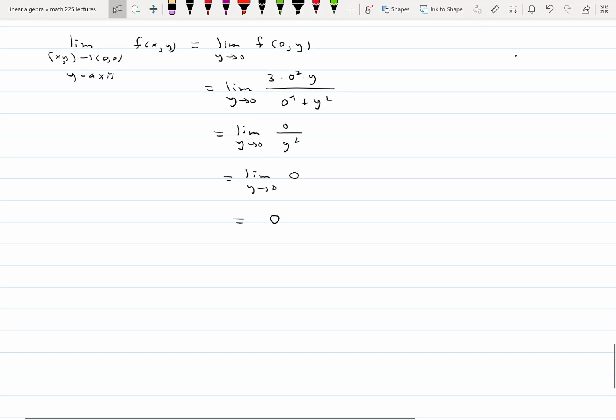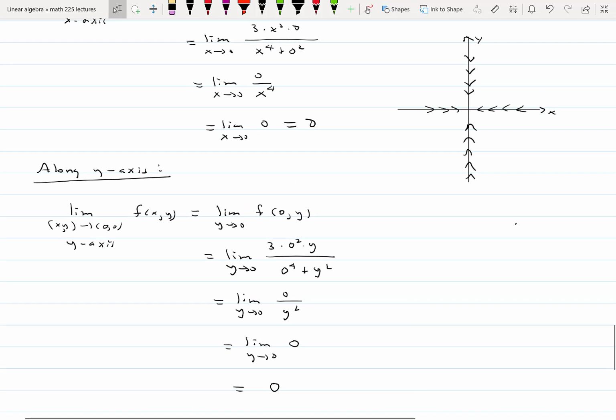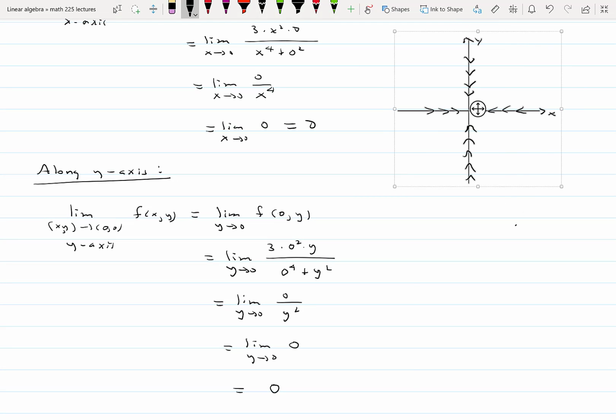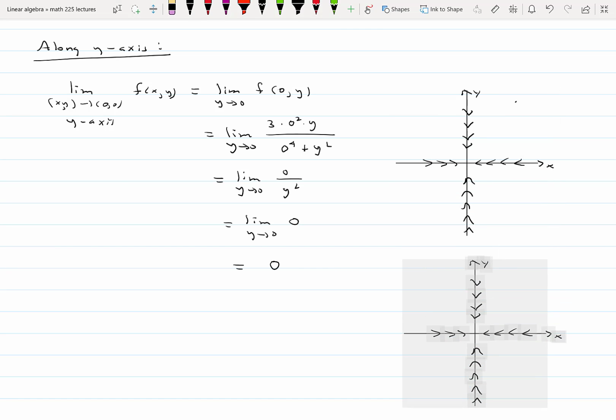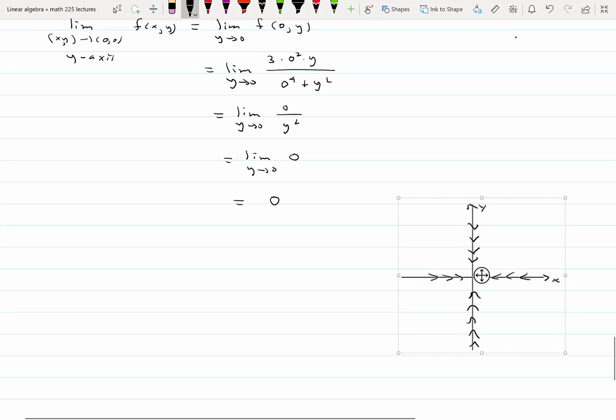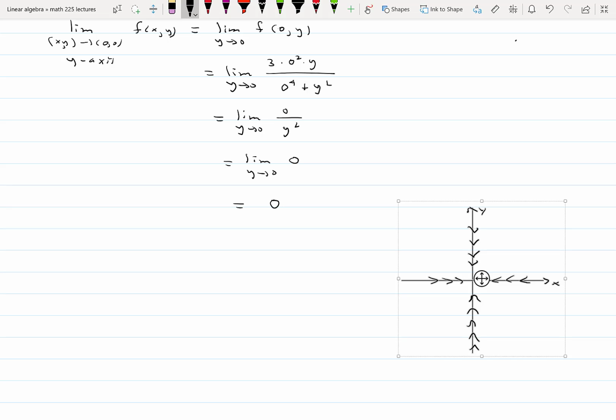Now let's do the same thing we did before. Let's let x and y approach the origin along the line y equals x. I'm going to bring down our little x and y axes. So that's our next pathway.